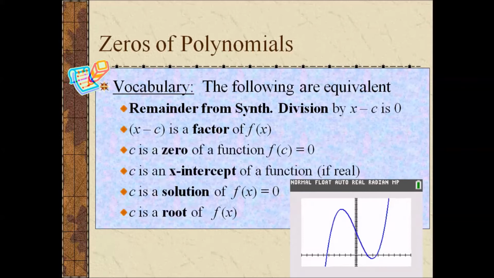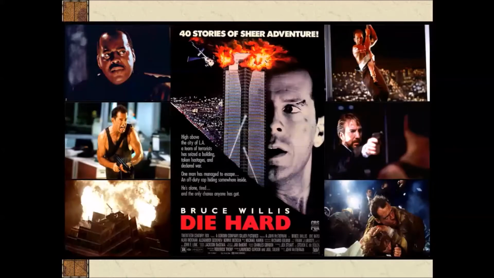When I think of finding zeros of a polynomial, I like to think of it in terms of some of my favorite movies. For instance, in the movie Die Hard, Bruce Willis's character runs into a whole bunch of terrorists that have taken over a high-rise building, and as part of the movie, he has to count up how many terrorists there are.